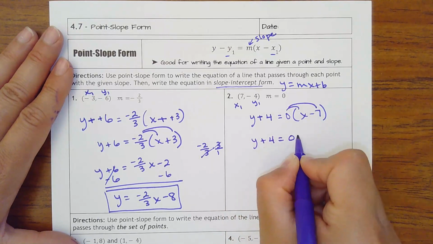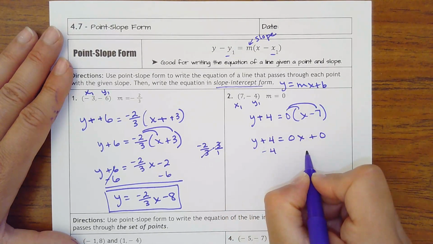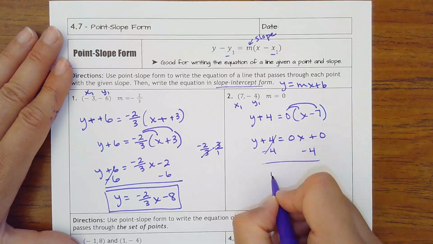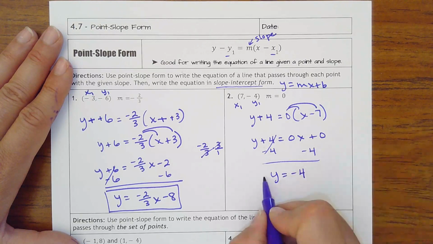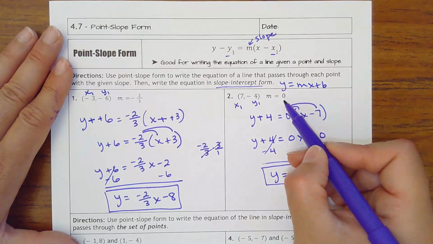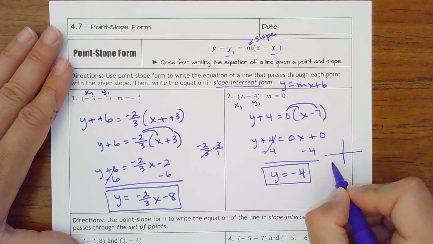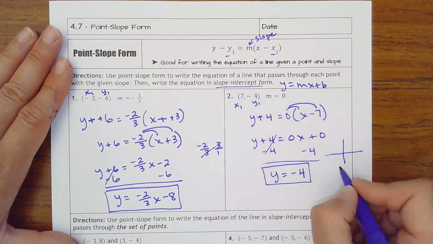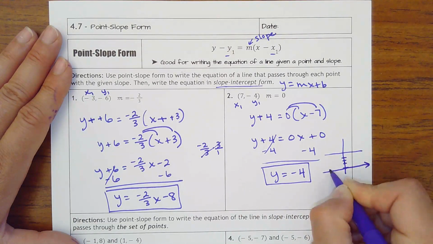So that's 0x plus 0. Subtract 4. So really if I have 0x, I have nothing. 0 minus 4 is negative 4. So you get y equals negative 4. Kind of makes sense because slope of 0 means that I have a horizontal line and the y value it's going through is negative 4.